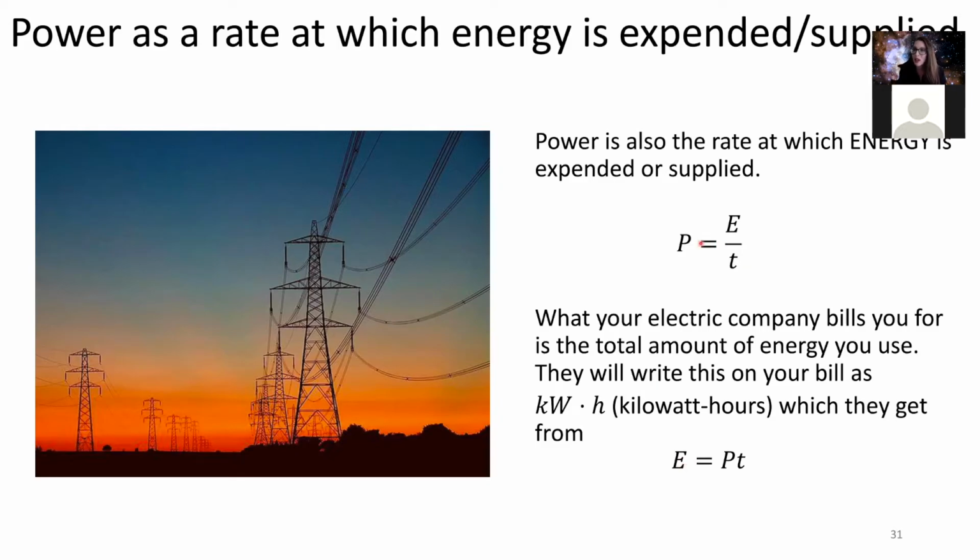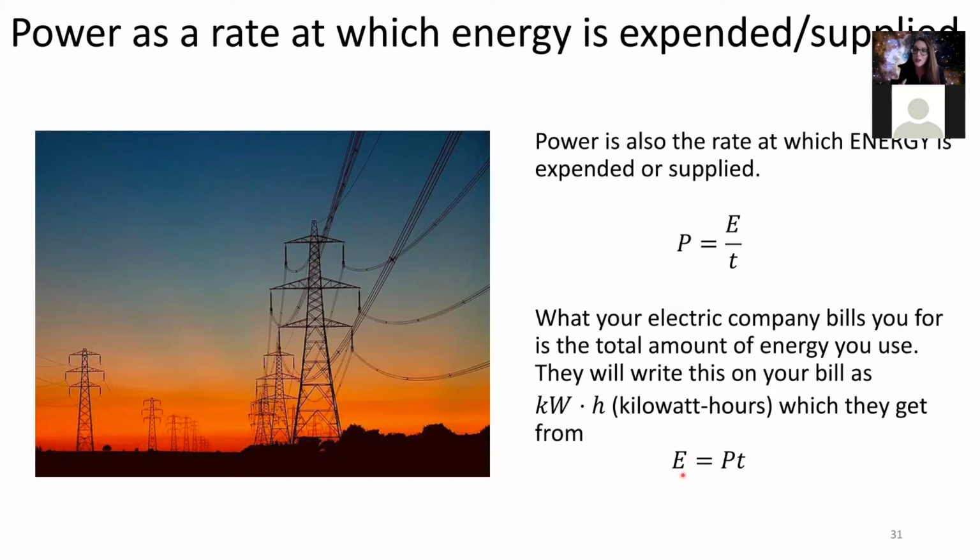So if we solve this problem for energy, power is equal to energy use over time. Solve it for energy. Energy is equal to the power times time. So if our power is in units of watts, our time here, we could put it in units of hours.